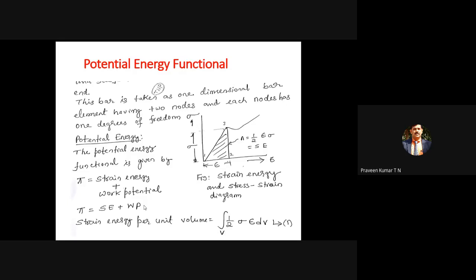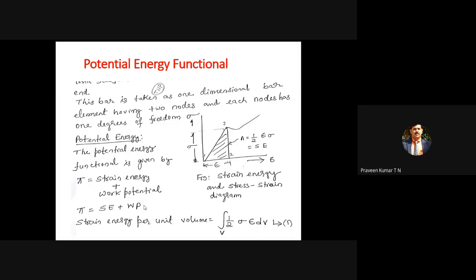Then 100 into 50 gives the work done. Imagine you apply around 100 kilowatt of power for applying the load. Only around 40% of the energy is spent on the work done. The remaining energy is stored in the spring, which is referred to as strain energy.